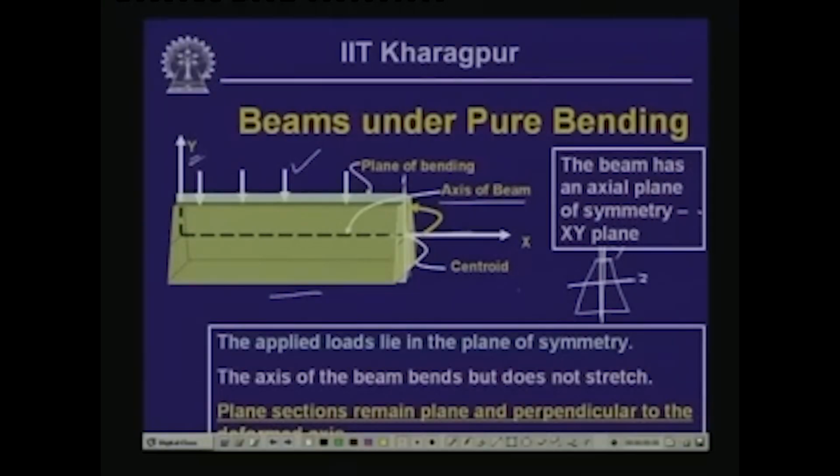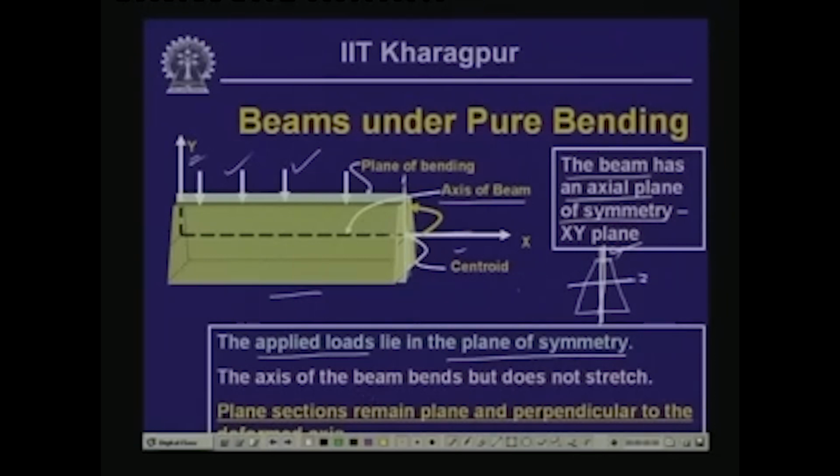So, we say generally that the beam has an axial plane of symmetry, which is the xy plane in this case. That means the section is symmetrical with respect to this plane. Also, the applied loads lie in the plane of symmetry. This is what we assume over here.